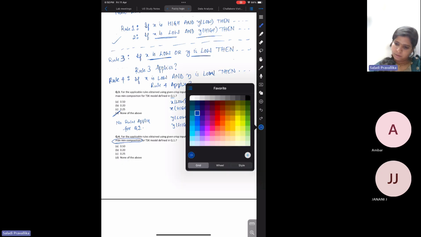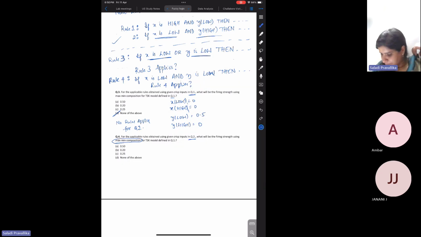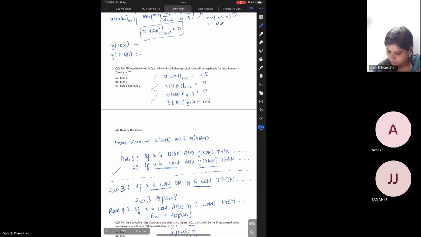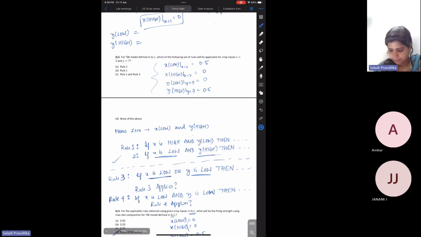Okay, so I'll just go ahead. For Q2, we said that rule 2 is applicable, right? And rule 1 was not applicable.